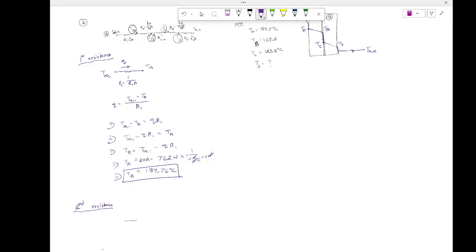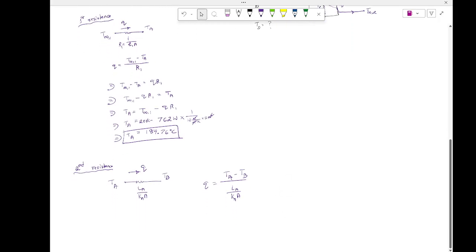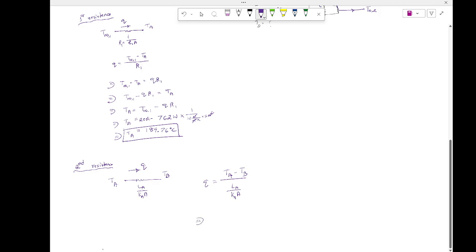So for the second resistance you would like to do, you want to do this TA, TB, and you have this LA over KAA. This is Q. You want to write this equation as TA minus TB equals Q times LA over KAA. Then you'd like to do this to find the value of TB, right?